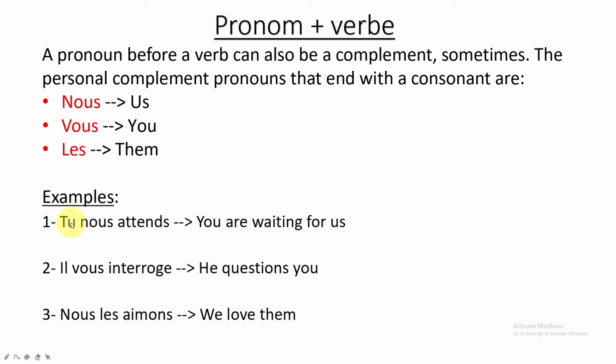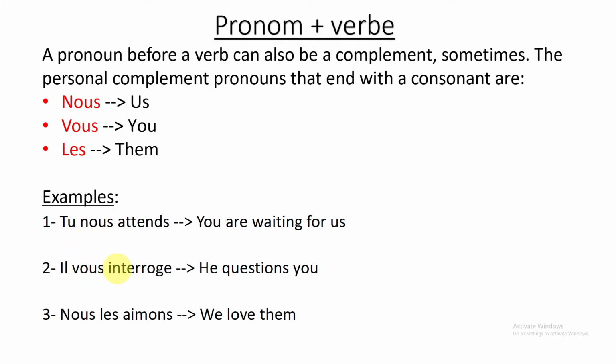Here in the sentence, tu is the subject and nous is the pronoun complement. So here what do we have? We have nous ending with the silent S and the next word starting with A. I'm not going to read the liaison for the moment. So tu nous attends. Second example.